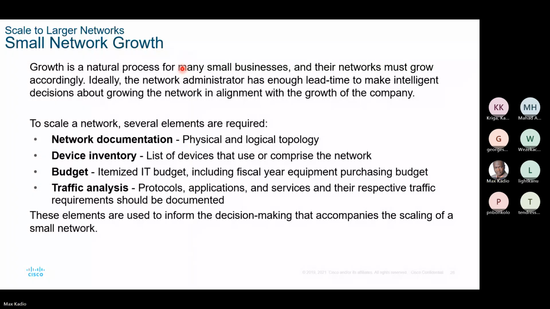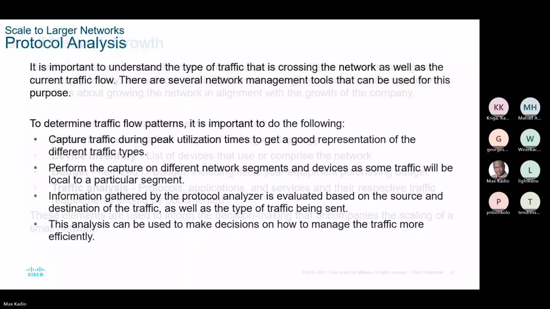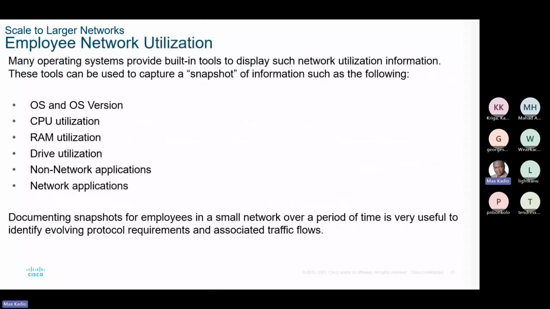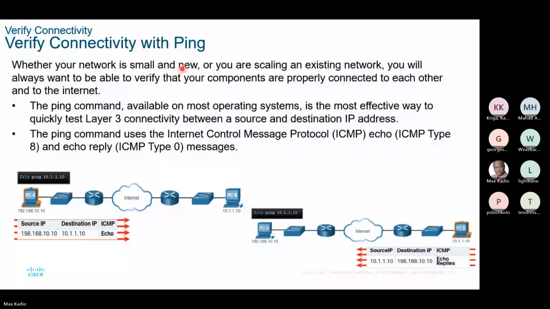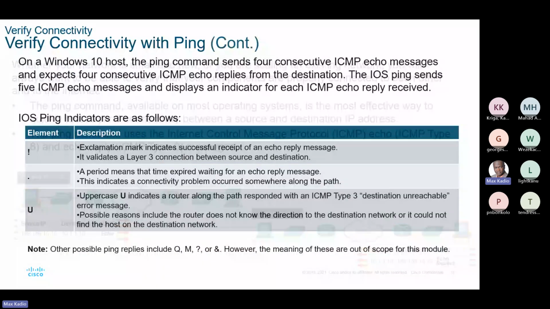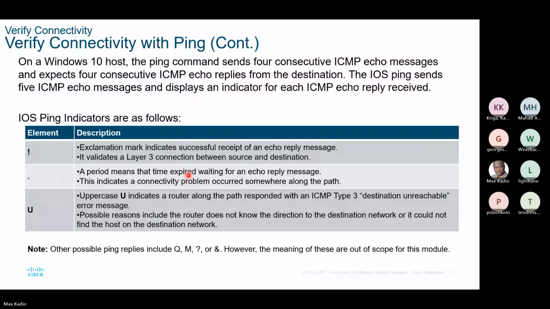So we must verify connectivity, and the pinging stuff that we did. If from your router you ping and you see exclamation marks, it means it's successful. If it's dots, it means it's waiting for a reply.